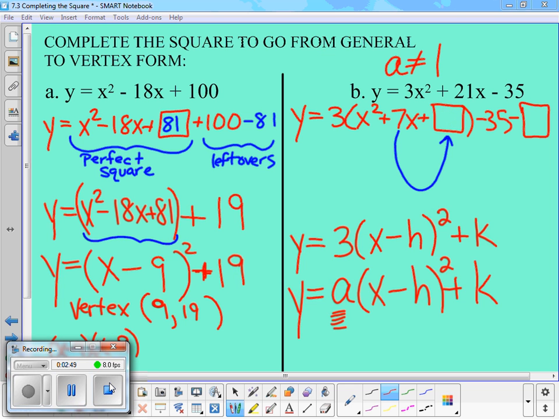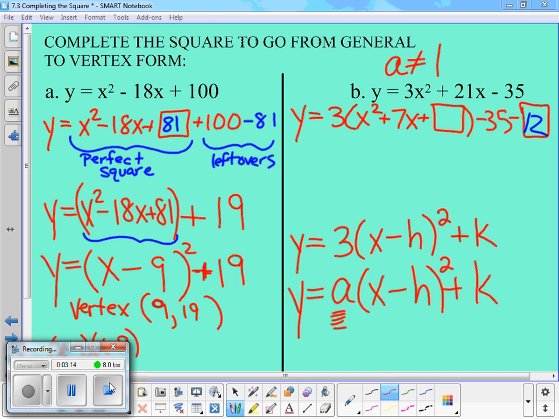Let's just pretend it is. If it was 4, what would we really be adding here? We would actually be adding 4 times 3, which is 12. So you have to counteract that by subtracting not 4, but 12.